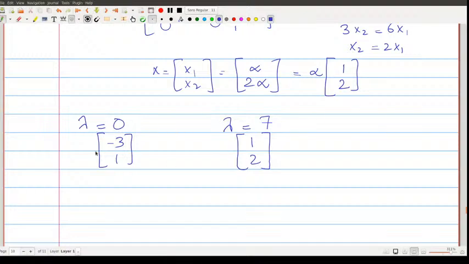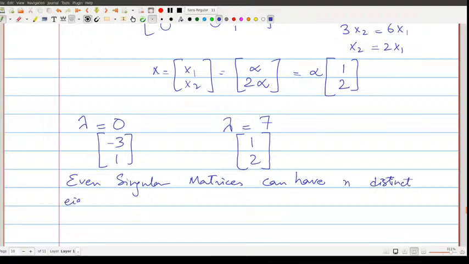So even if you have a singular matrix, the lesson to take away from this example is that even singular matrices can have n distinct eigenvalues and n independent eigenvectors, right?